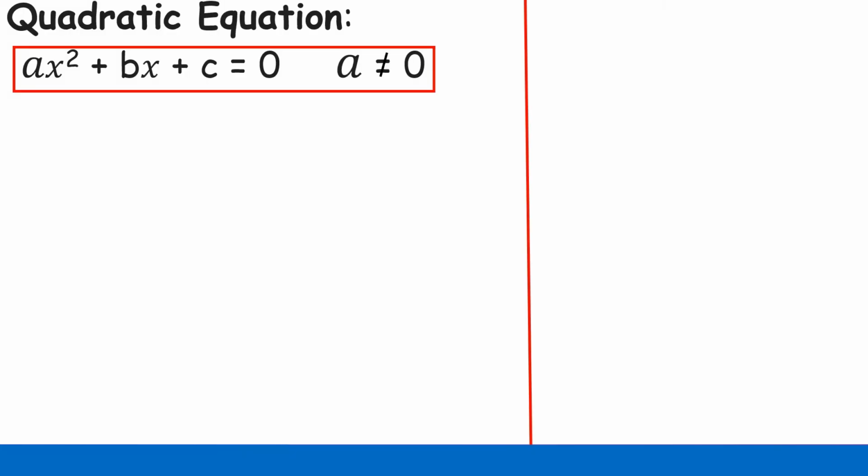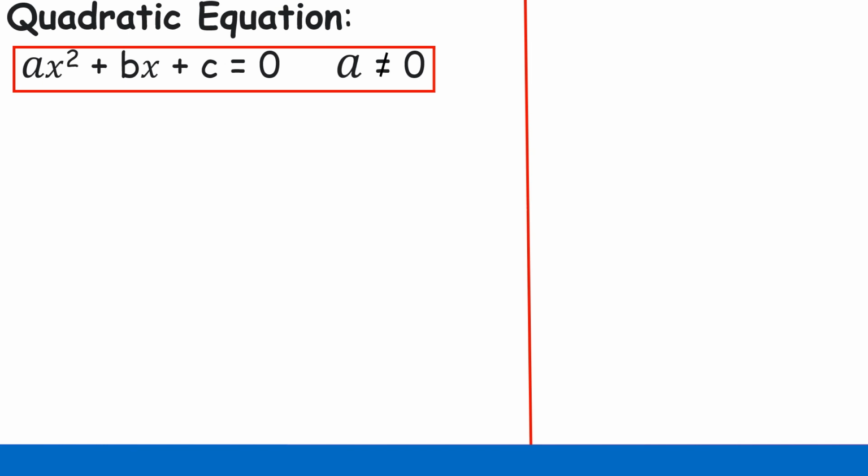So looking at the expression above, which is the general form of the quadratic equation, expressed as ax squared plus bx plus c is equal to 0, where a is not equal to 0. What this simply means is that a must not be 0.